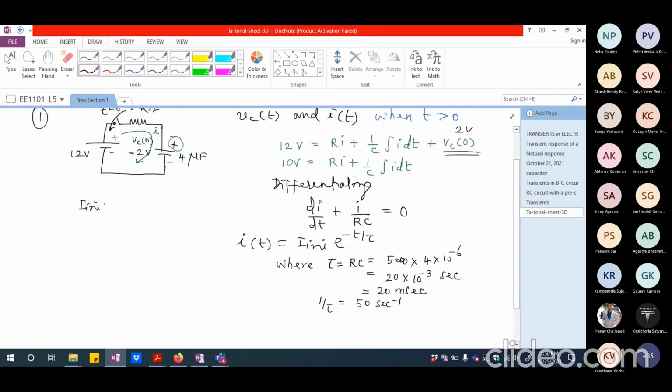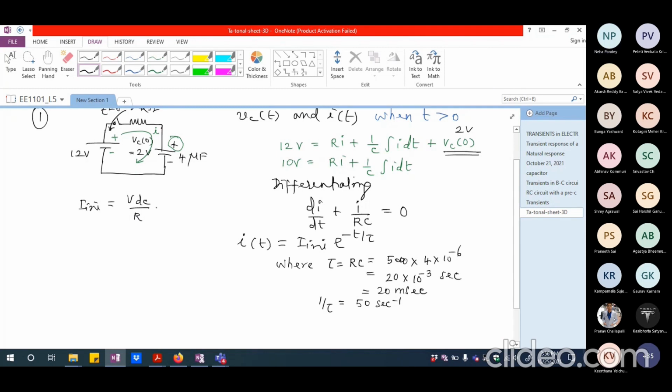I want you to tell me what is I initial. Anybody? How much is the initial current? Yes, please give it a try. Yeah, VDC by R. How much is VDC? That is my question here. Is it 12 or 10? Ma'am, 10. Why is it 10?